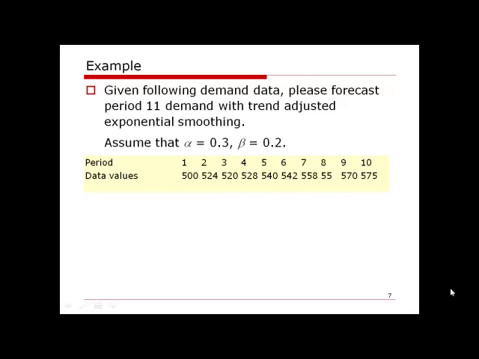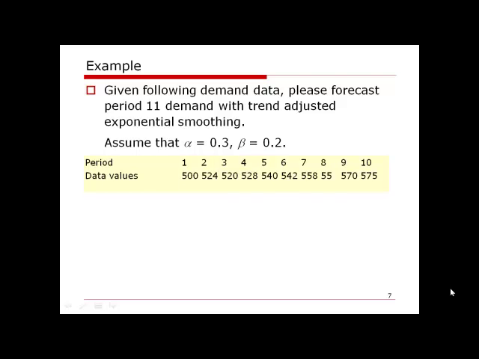Now remember, as we talked before, it doesn't matter which time period we need to estimate. For the exponential smoothing, we should always calculate from the beginning. Basically, for this example, ideally we should calculate from period 2, 3, or 4.